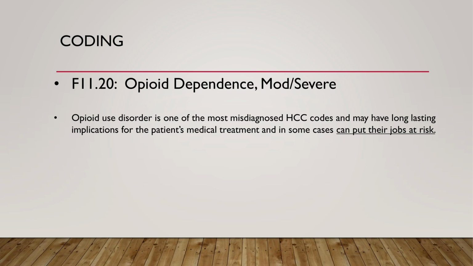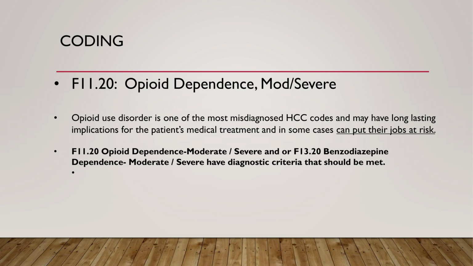So you may have noticed that this code basically is saying it's a code for opiate dependence. And opioid dependence does not mean opiate use disorder. So a person taking hydrocodone or oxycodone for a chronic pain condition may have opiate dependence, but they're maybe taking it appropriately and don't have opiate use disorder.